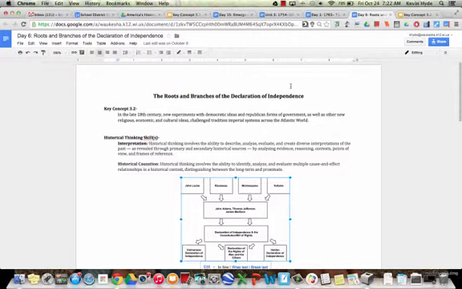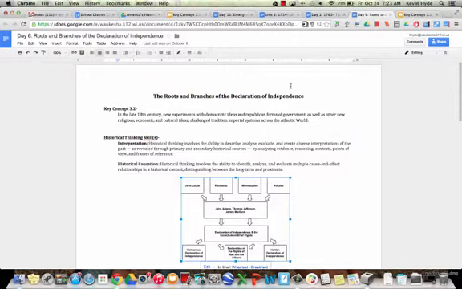Interpretation in historical thinking involves the ability to describe, analyze, and evaluate and create diverse interpretations of the past as revealed through primary and secondary historical sources by analyzing evidence, reasoning, context, points of view, and frames of reference. So basically, the skill is can you read a primary or secondary historical source, okay?